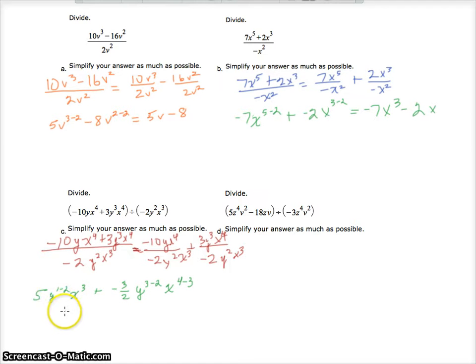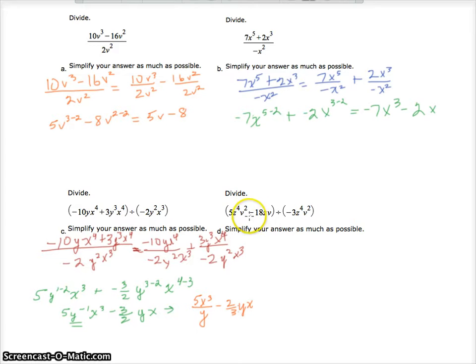I have 5y to the negative 1 x cubed minus 3 halves yx. I need to simplify this y to the negative 1, so my whole answer becomes 5x cubed over y minus 3/2 yx.